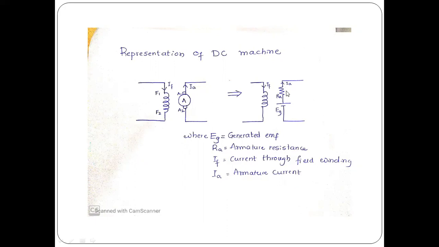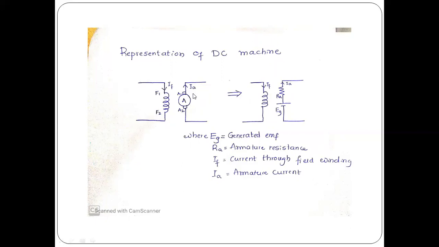And why is it RA here? Whatever winding is present, all windings always have some resistance in them. The armature winding has some armature resistance to current flow, so it is represented like this, RA.